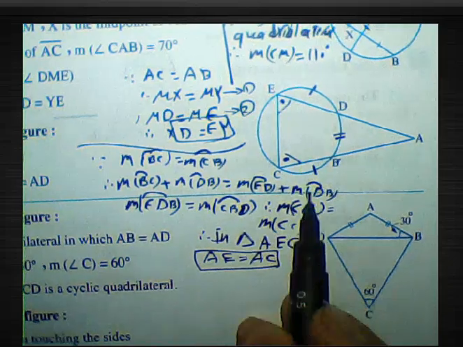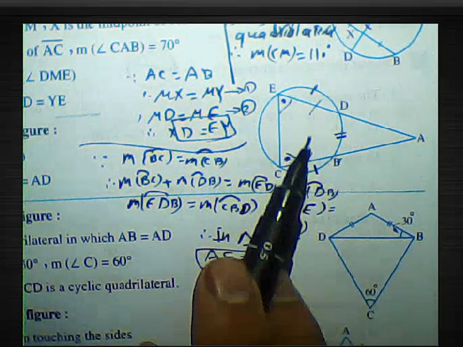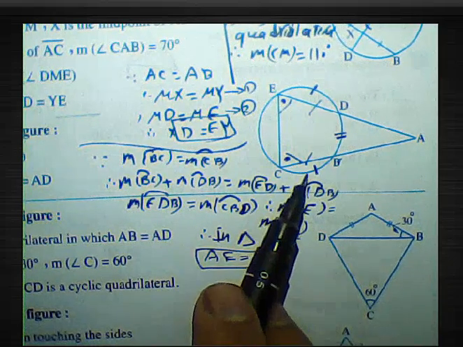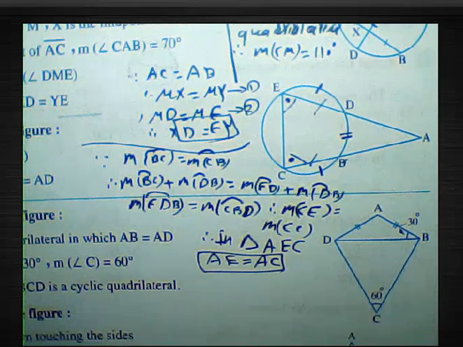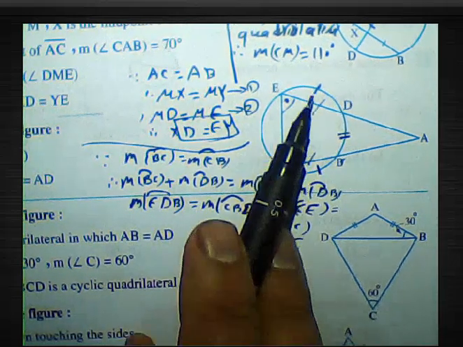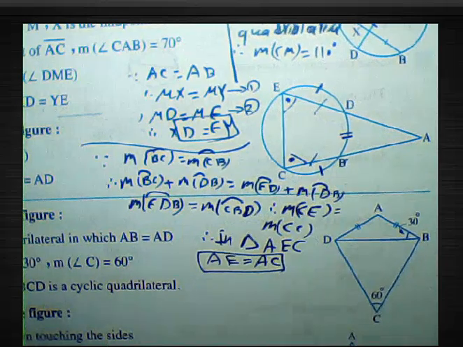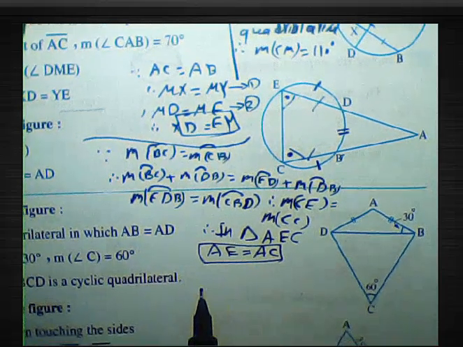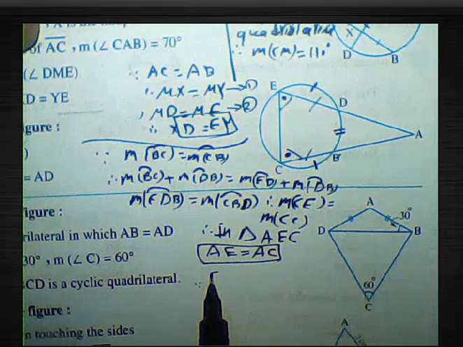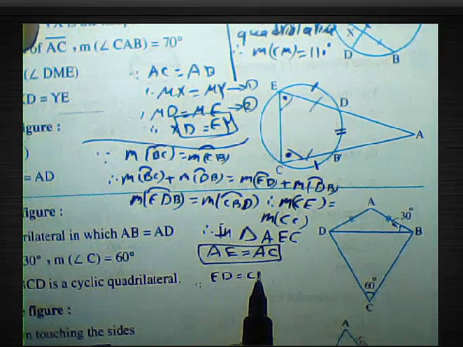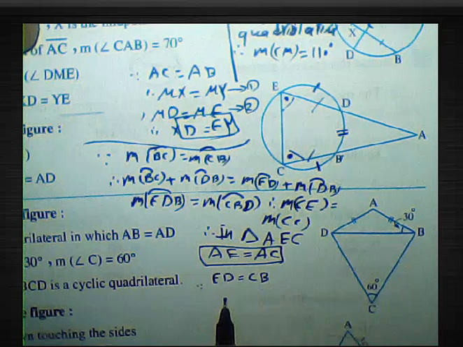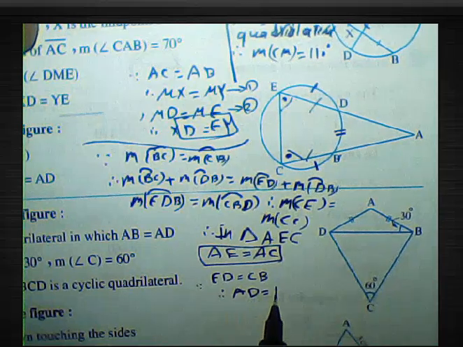We can cancel two chords here because two arcs equal lengths, then two chords will be equal lengths. We can cancel this chord from left hand side and right hand side, then DA equal DB, such that ED equal CB, then ED equal EB.